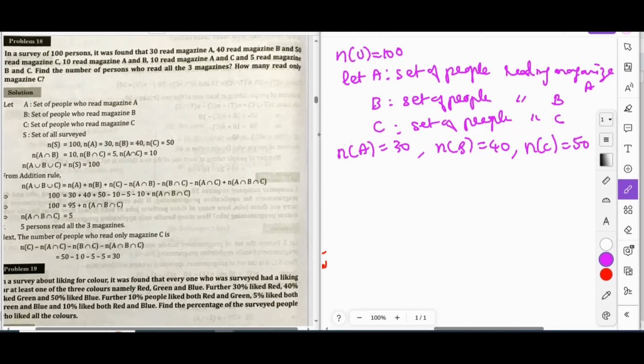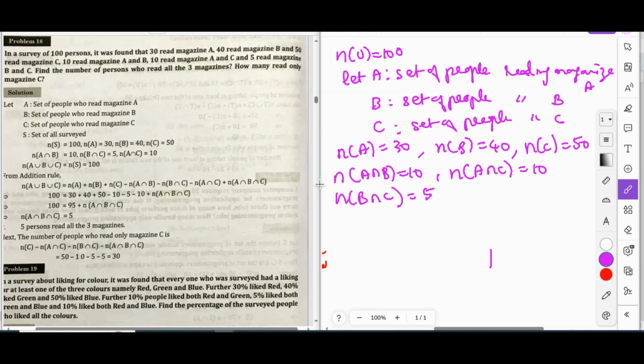Then 10 read magazines A and B. So both means A intersection B will be 10. Then 10 read magazines A and C, so A intersection C will be 10. Then 5 read magazines B and C. So intersection of B and C is 5. So find the number of people who read all three magazines.